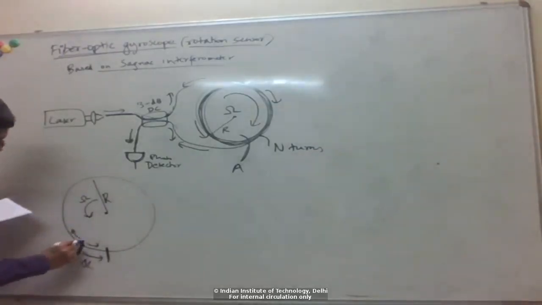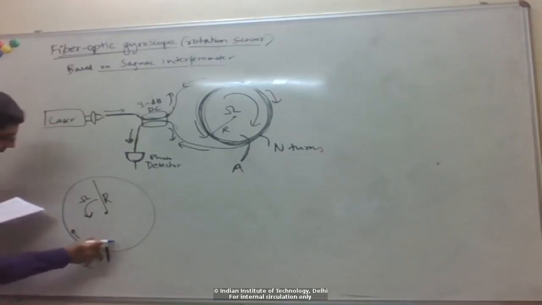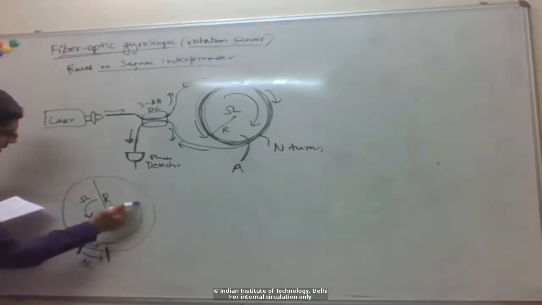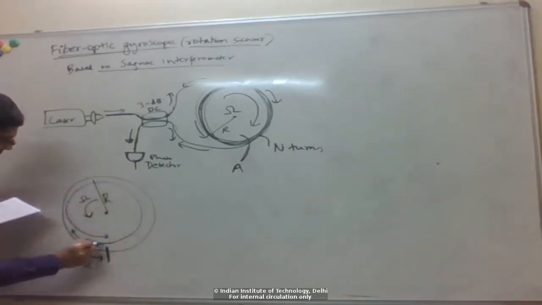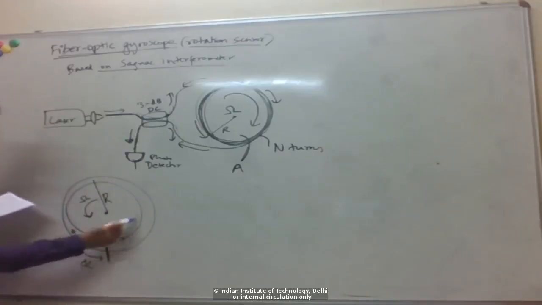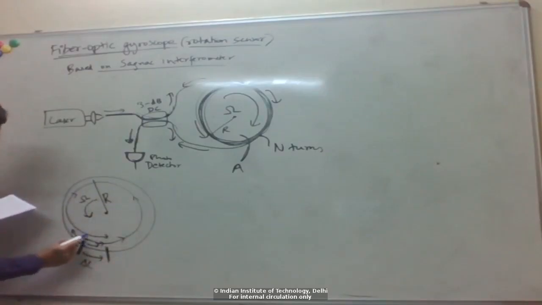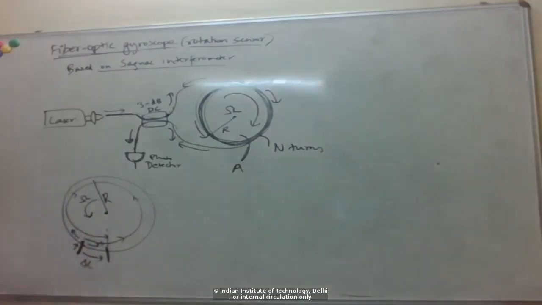So what happens for this clockwise traveling path? The light traveling in this clockwise direction starts from here, and then has to come back all the way, not to the starting point, but a bit beyond that.